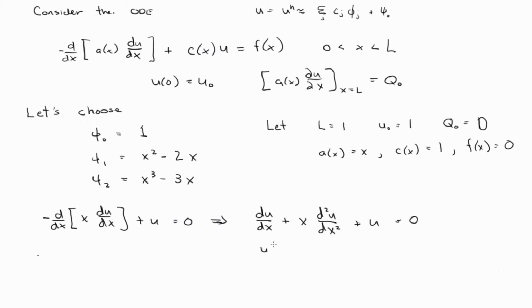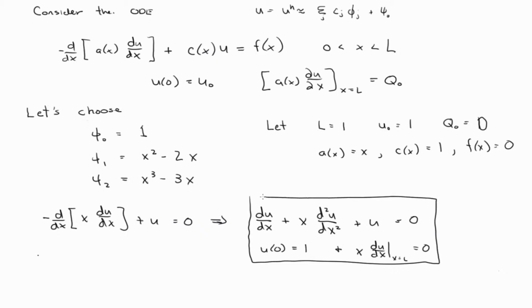And u at 0 is equal to 1, and x du dx evaluated at x equal to L is equal to 0. So after plugging in everything, this is our system now. Okay?